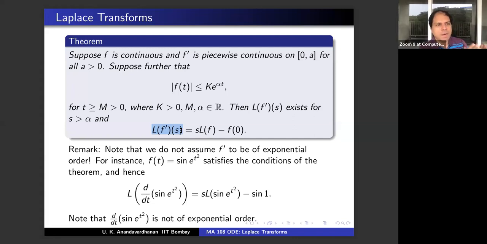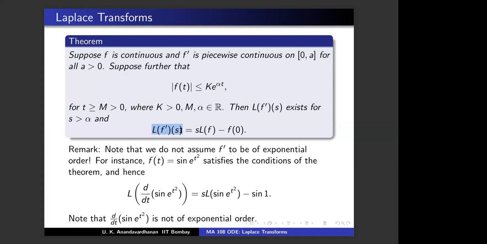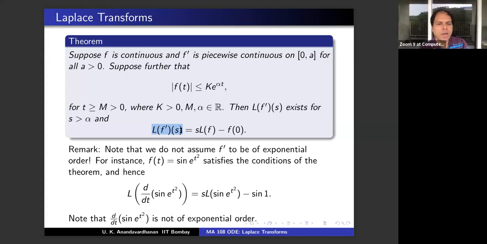So you will get e power minus st times the integral of f prime. But what is the integral of f prime? f. So you are getting e power minus st times f, evaluated between 0 and infinity, and minus the integral of the derivative of e power minus st times f.